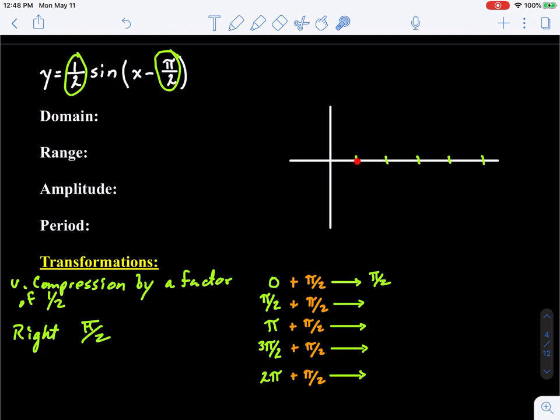The pi over 2 point is now going to add pi over 2 to that, which is pi. And then pi plus pi over 2, that's 1.5 pi, or in other words, 3 pi over 2. 3 pi over 2 plus pi over 2 is 4 pi over 2, which is 2 pi. And then adding these together, you get 5 pi over 2. So we're going to have pi over 2, pi, 3 pi over 2, 2 pi, and 5 pi over 2.